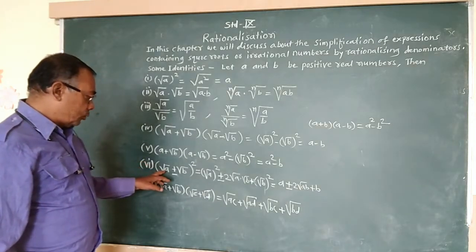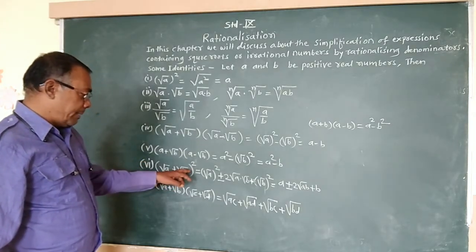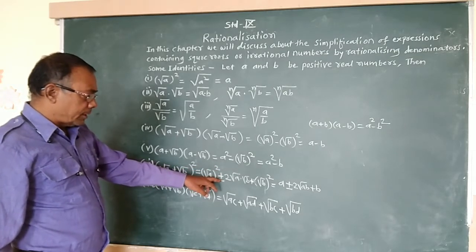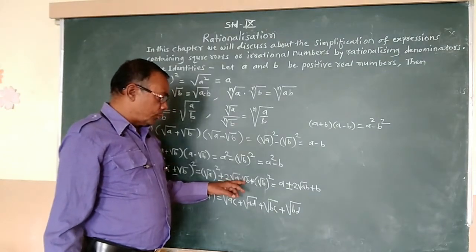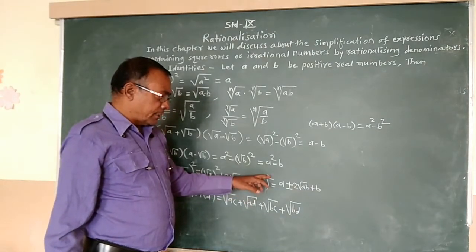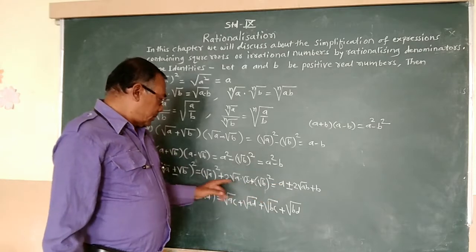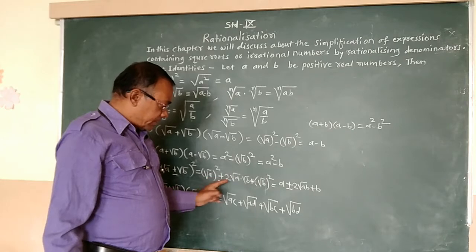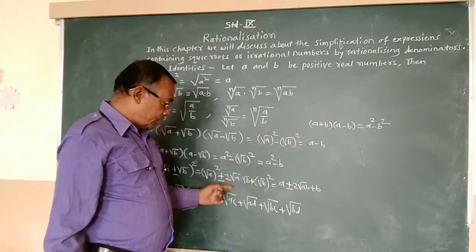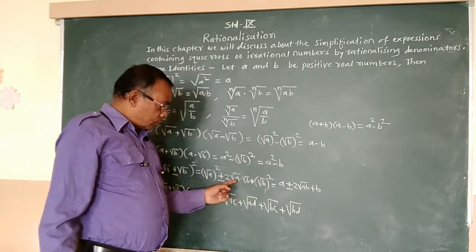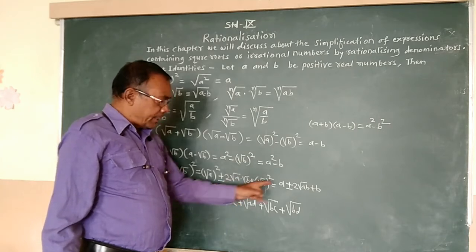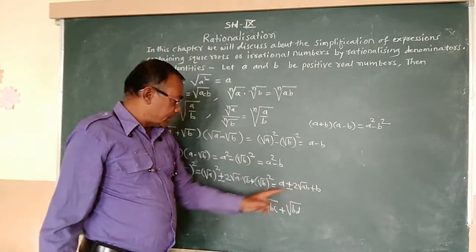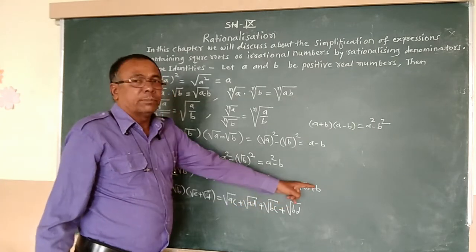Now, root a plus or minus root b bracket square is equal to root a square plus or minus 2 into root a into root b plus root b square. Here the square of root a is a, plus or minus 2 into, since the order is the same, we can write the multiplication of a and b in only one radical sign, so 2 root ab, plus the square of root b, which is b.